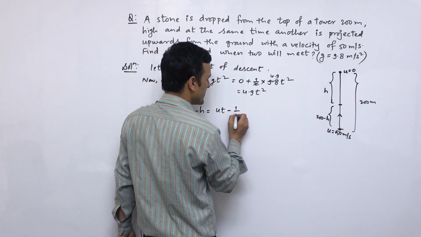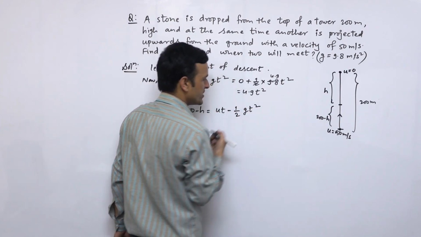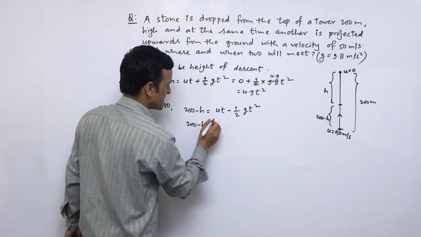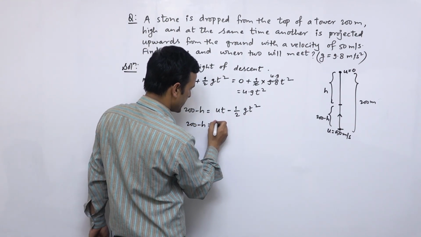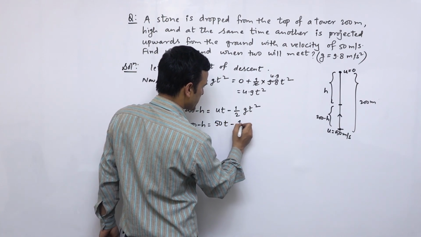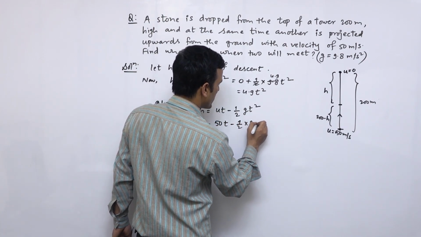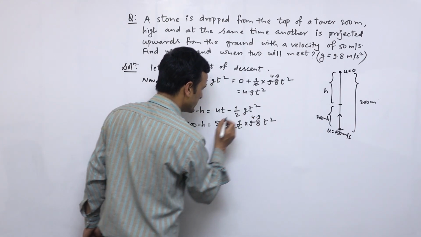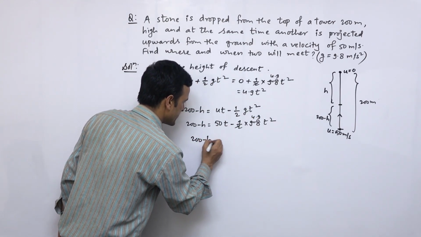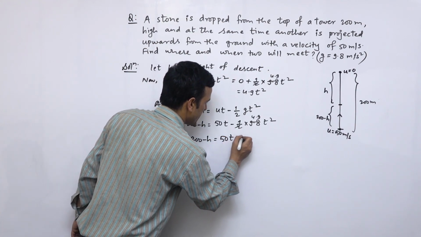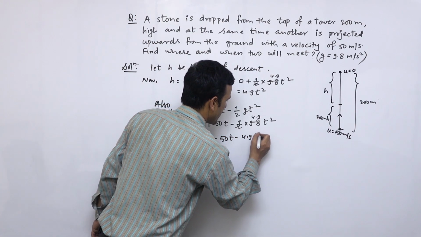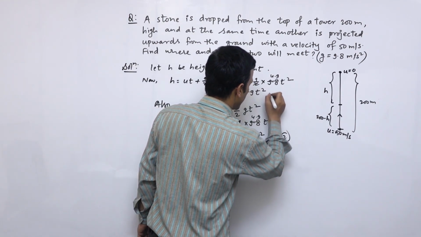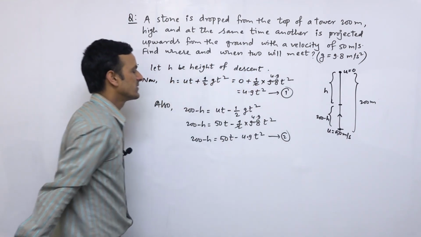Here u is 50, so write 50t minus half of 9.8 t square. Cutting this down, 200 minus h is equal to 50t minus 4.9 t square. This is equation 2, and the earlier one is equation 1.